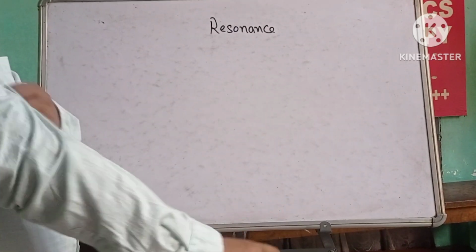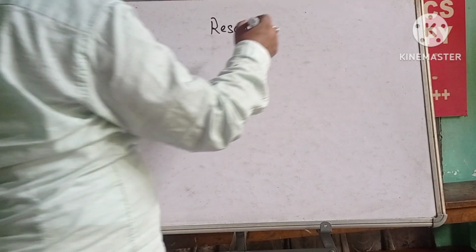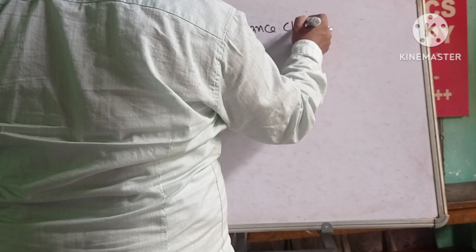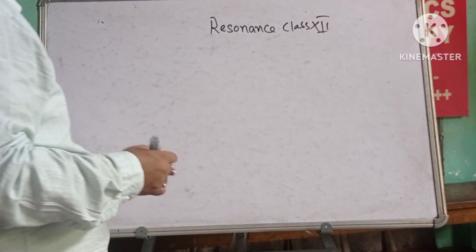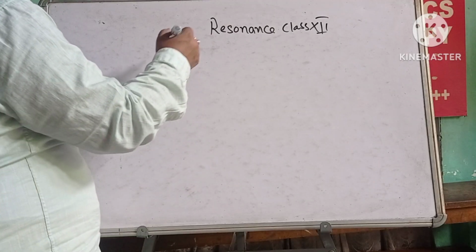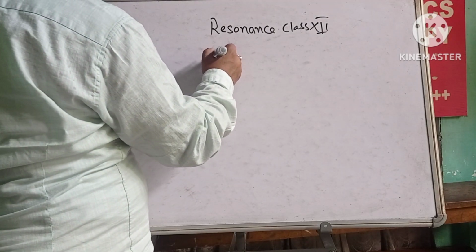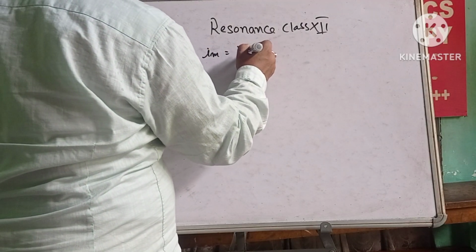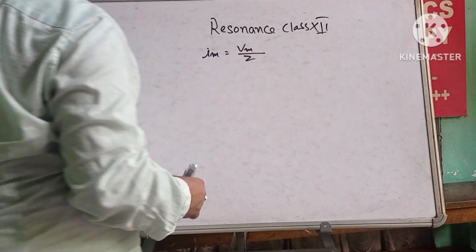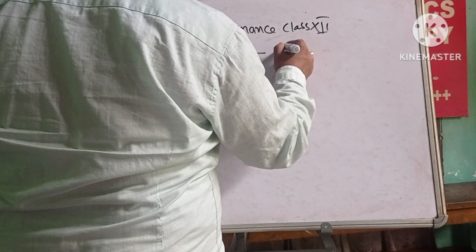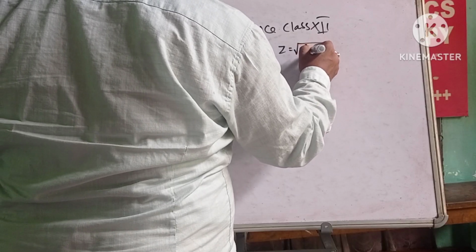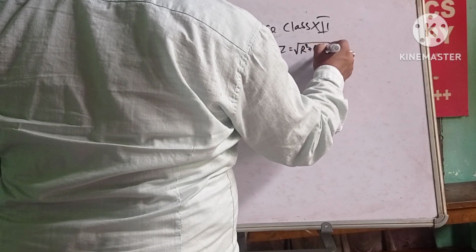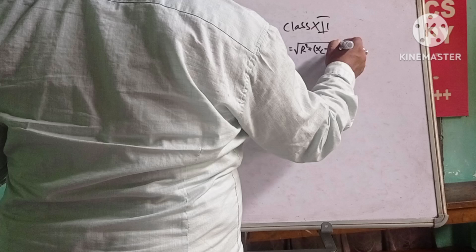Today for resonance, that is for class 12. You have learned that Im, that is equal to Vm by Z. This is the impedance, and your Z is equal to root over R square plus (Xc minus XL) the whole square.